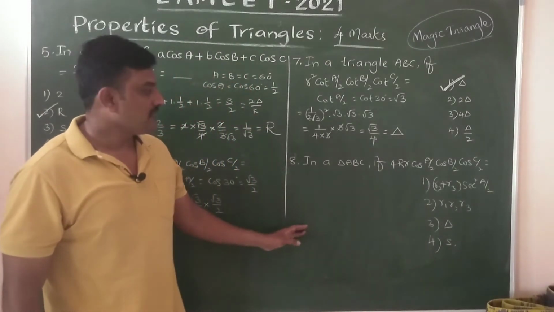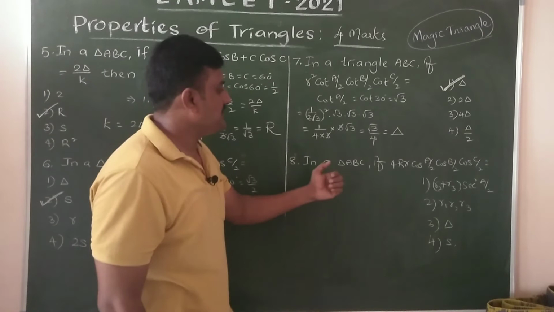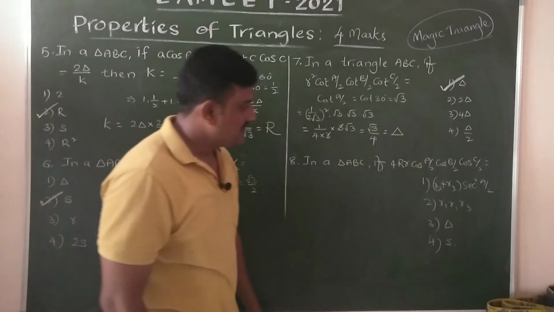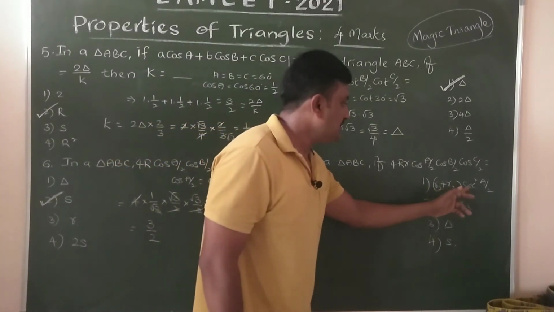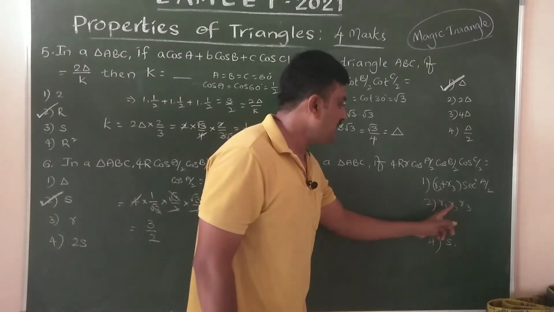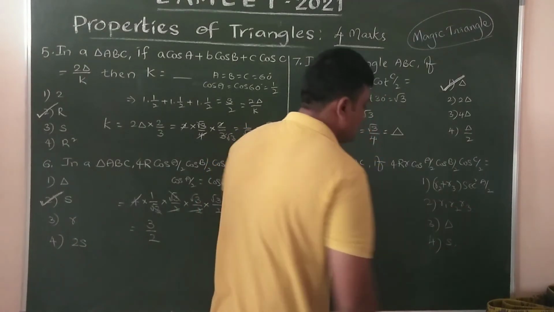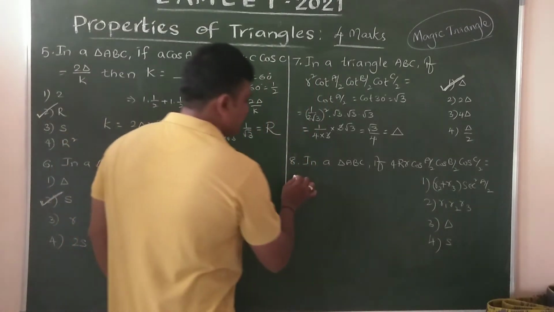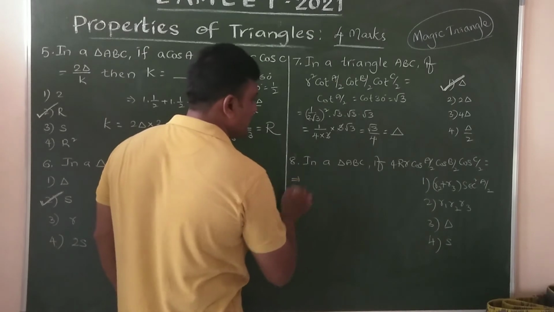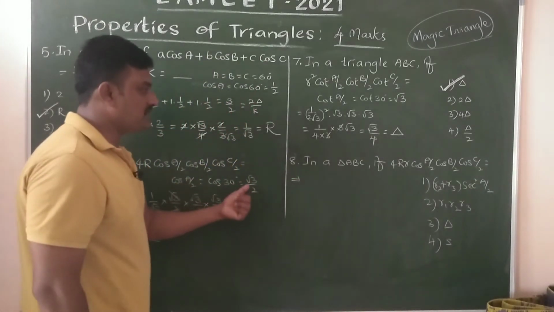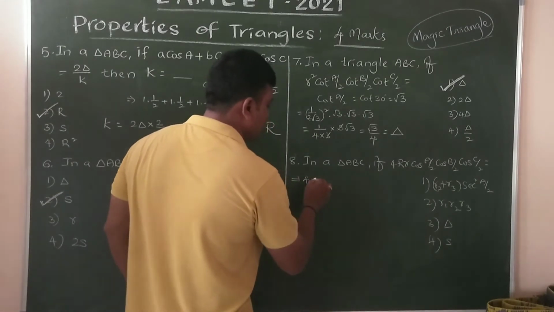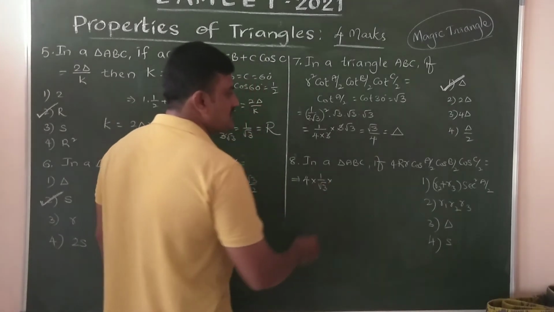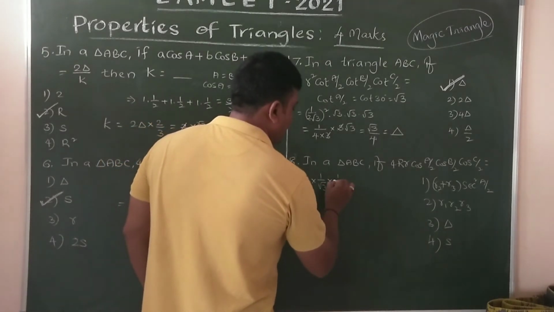Next. In a triangle ABC, if 4Rr cos A by 2, cos B by 2, cos C by 2 equals, then options are R2 plus R3 into secant square A by 2, second R1 R2 R3, third delta, fourth S. Let's see. Here we know clearly cos A by 2 equals root 3 by 2. Capital R equals 1 by root 3, small r equals 1 by 2 root 3.